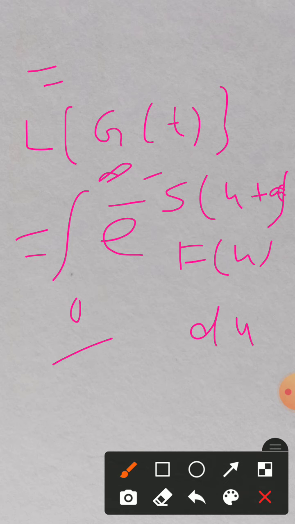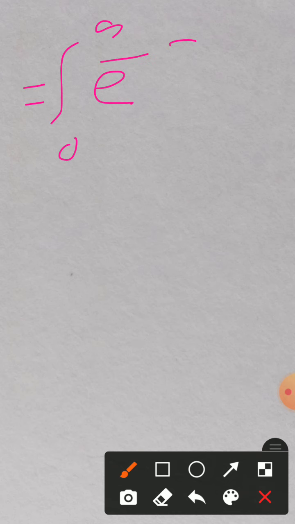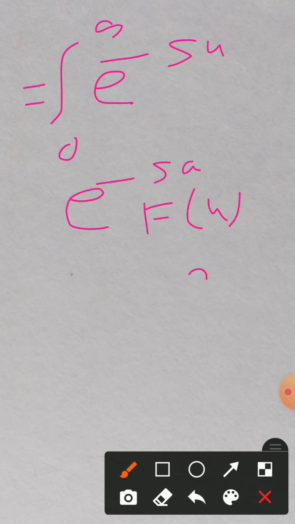That's why we will have this u plus a here and f(u) is here. This can be written as the integral from 0 to infinite of e raised to power minus su, e raised to power minus sa, f(u) du.